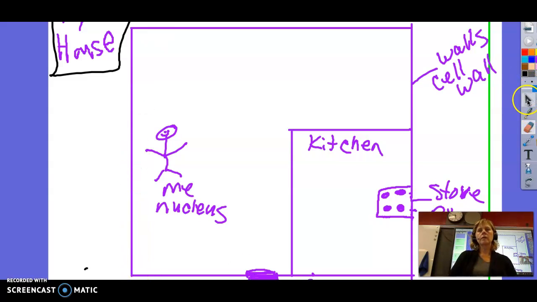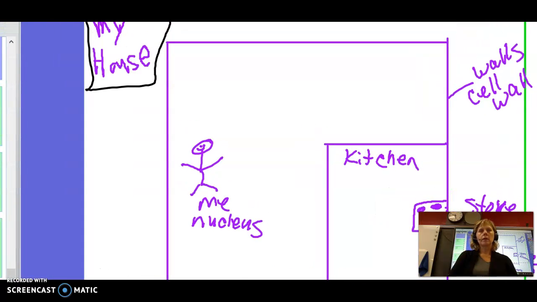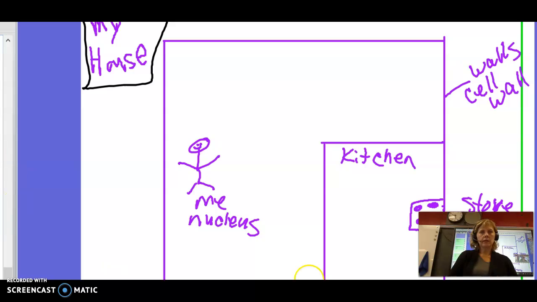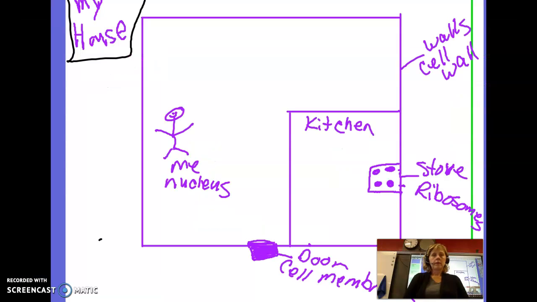If you draw this in 5 minutes on a piece of notebook paper, it's going to be obvious that you did that. It's not going to look nice, and I'm not going to give you full points. I want really nicely drawn structures here. I would like you to use color. I want this to look really nice. I want things to be nicely done.